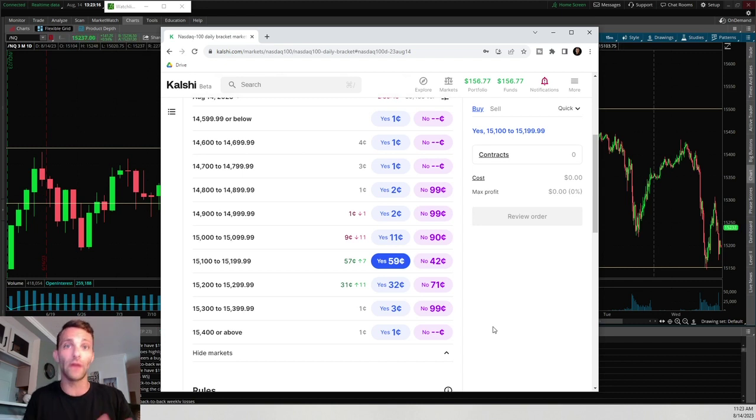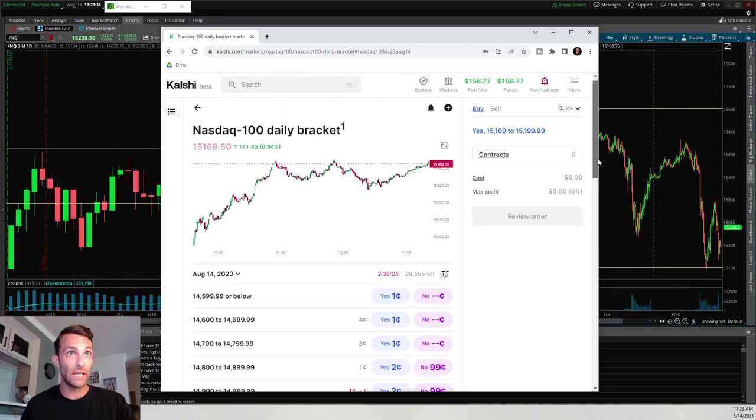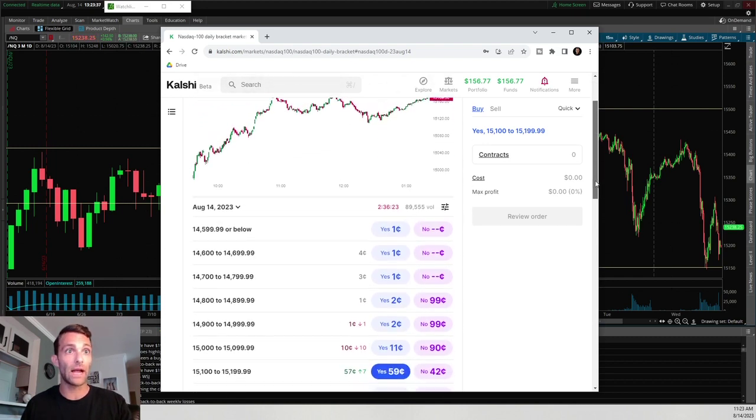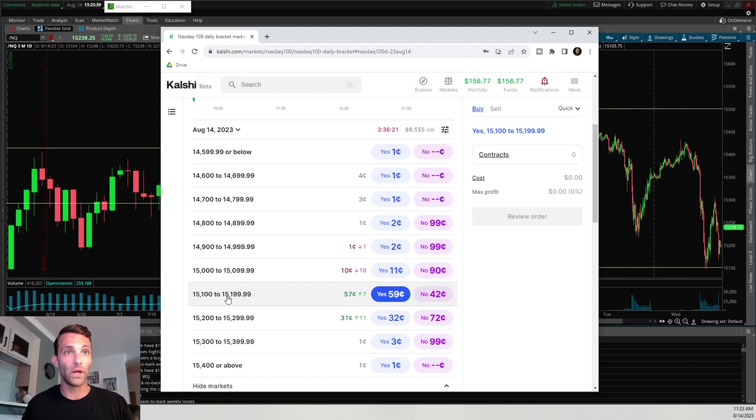Now let's do the other side of the trade. So let's say that information gets released, it's not good, and the market has a negative reaction, and there is some sort of bearish move. We want to play that bearish move. So the lower end of that range that I had mentioned before, this 15,150, what we would want to do is in the Nasdaq-100 daily bracket, we go to this 15,100 to the 15,200, or even the 15,000 to 15,100, maybe even that one lower.